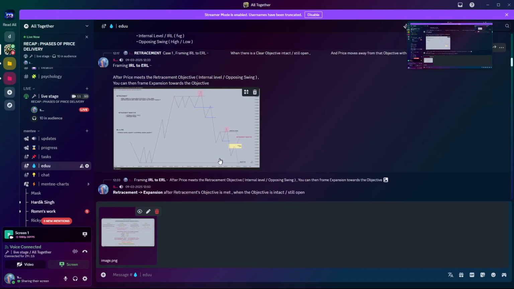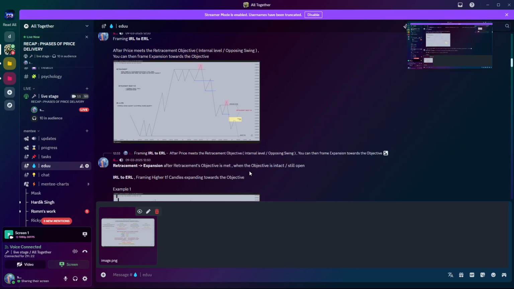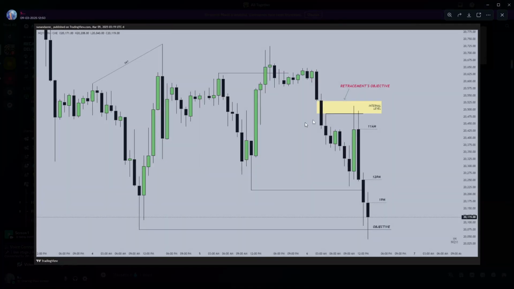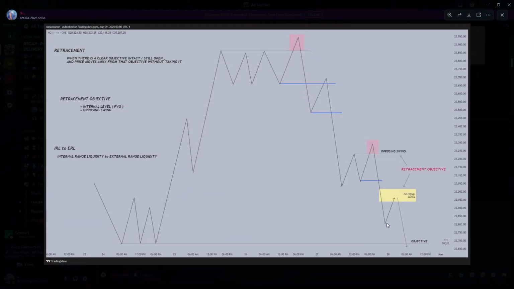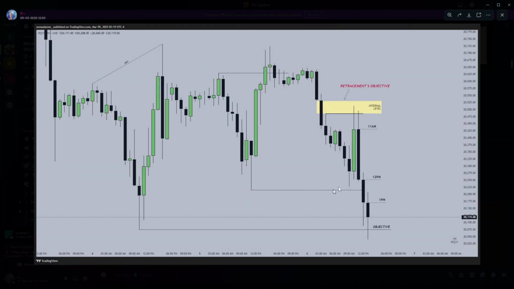How you frame IRL to ERL: after price tags the retracement objective and shows displacement from there towards the objective, you then frame retracement to the following expansion. An example as well: price moves towards a clear objective, does not take it, just like here, and starts moving the opposite way.